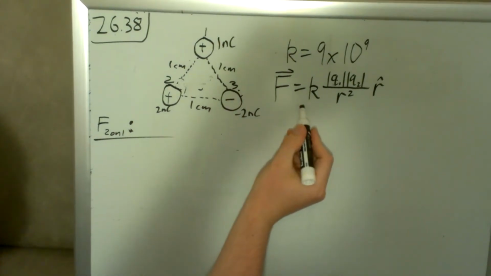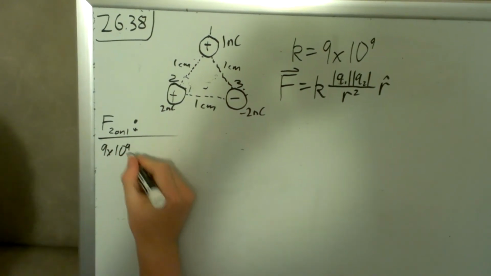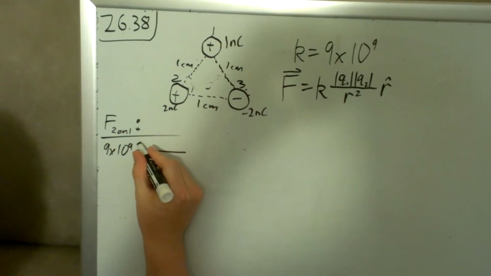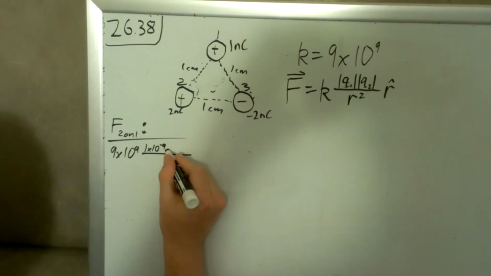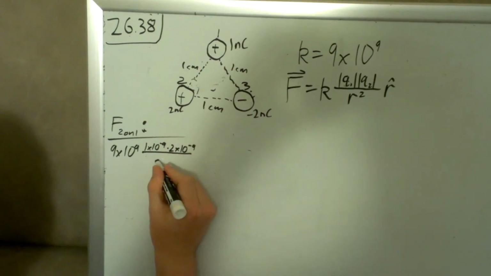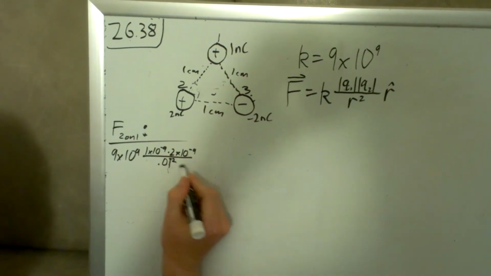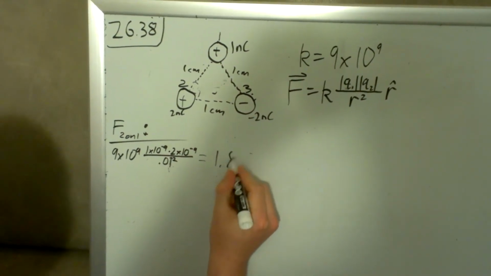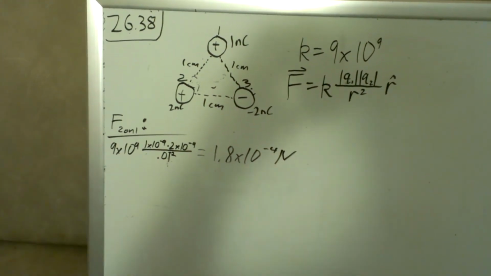To do that, I'm going to use Coulomb's law. And it comes out to 1.8 times 10 to the negative 4th newtons.